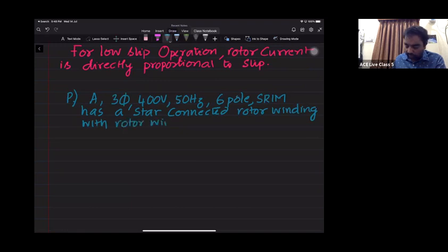rotor winding resistance per phase of 0.1 ohms.